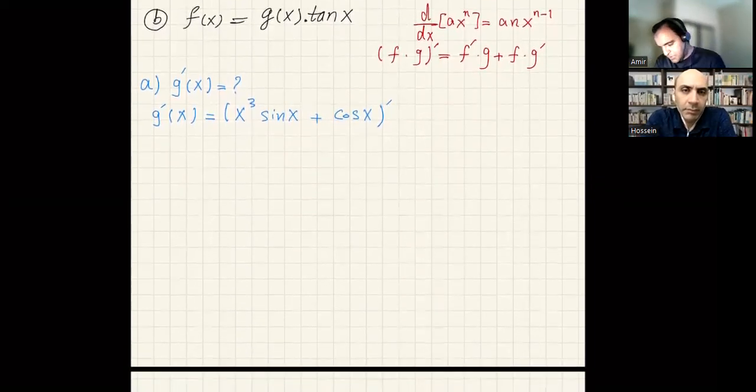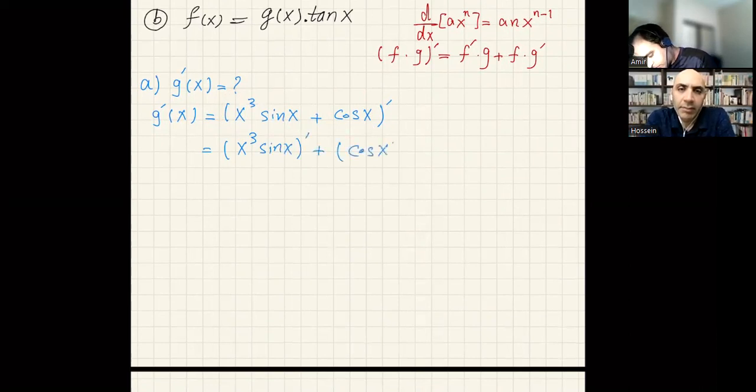The derivative of the summation of two functions is the derivative of each of those terms. So this one and this one. So it's going to be the derivative of x cubed sine of x plus the derivative of cosine of x. That's correct. Awesome.